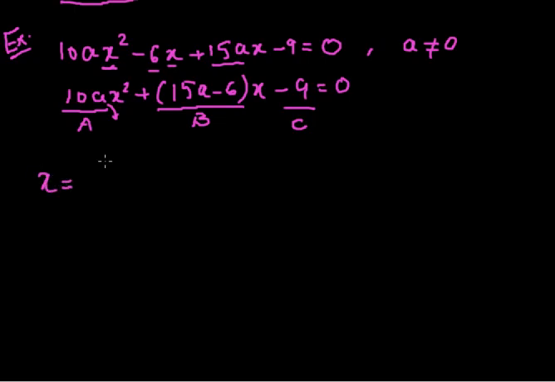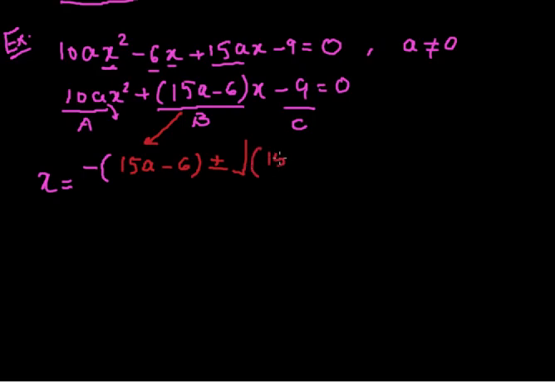If we just substitute the values of the coefficients, the formula is minus of b, and the value of b in this question is (15a minus 6), plus minus square root of b square.